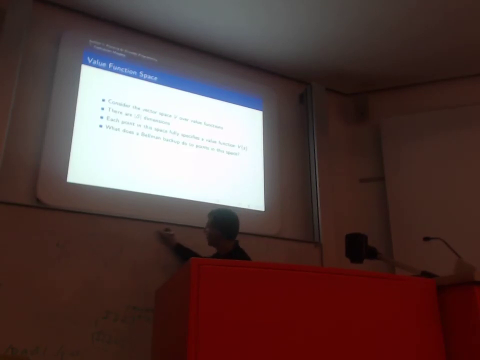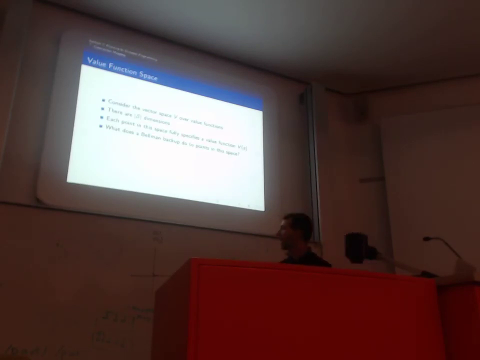In fact, let's do it with 2 states, because that's easier to draw. So we've got v of s1 and v of s2. It's just a 2-state problem, so now the value function can be represented in 2 dimensions as just a point.